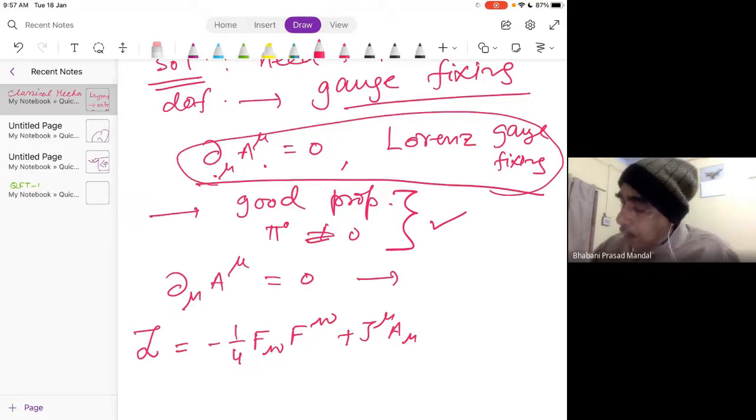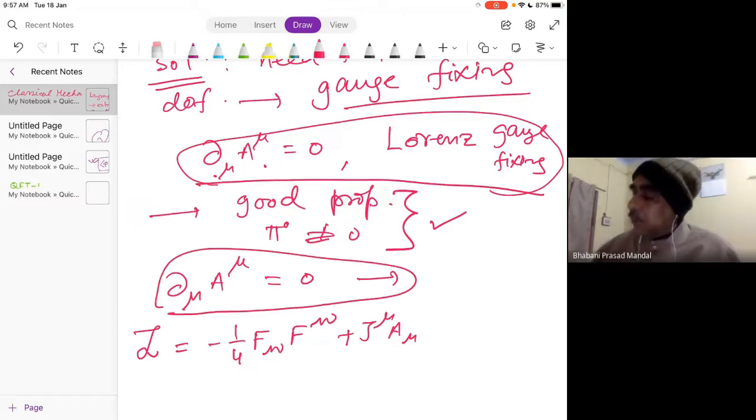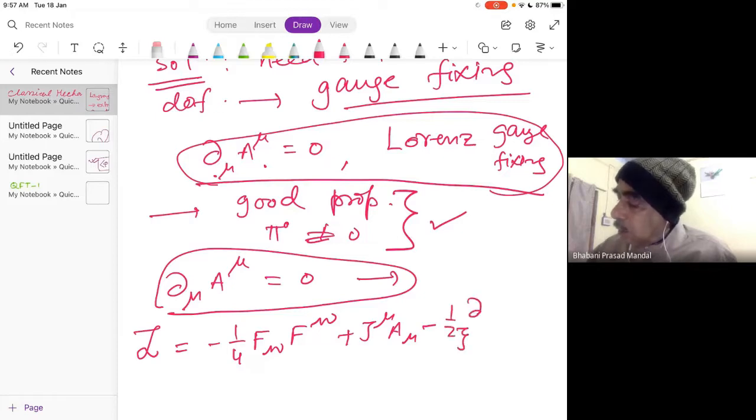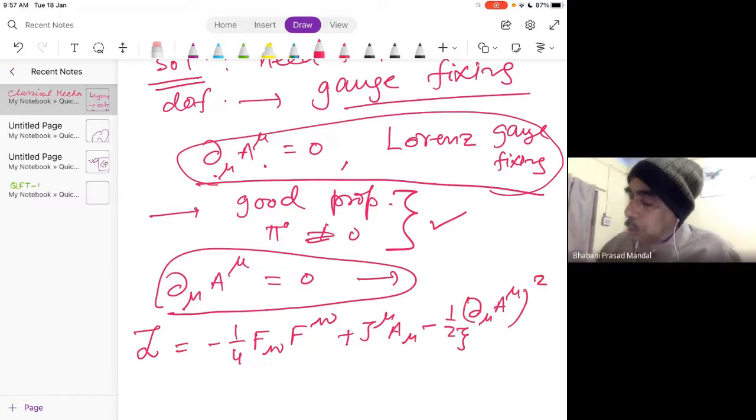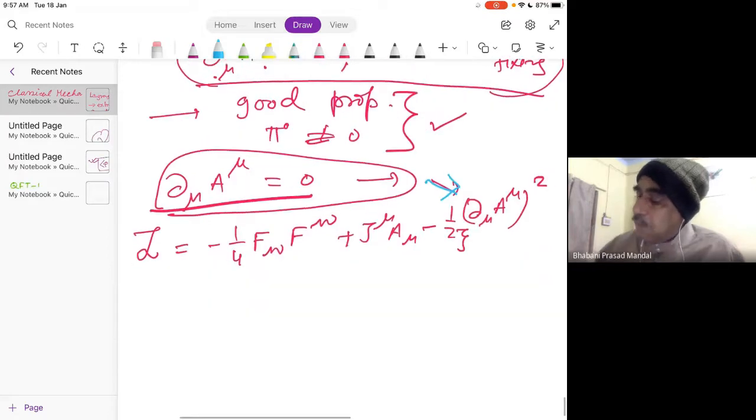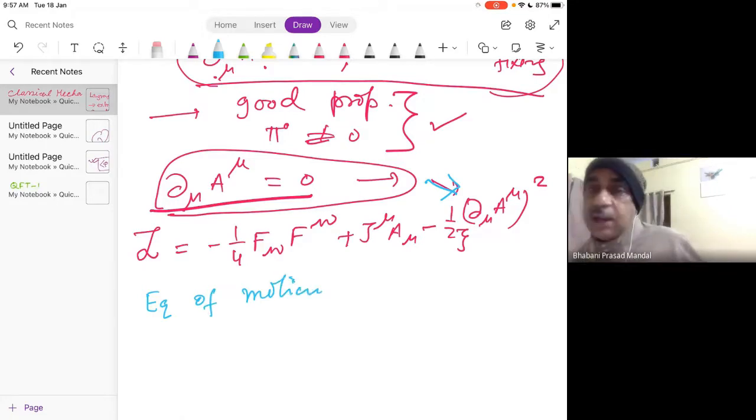Now if you put an additional condition, that is equivalent to putting in a term (∂_μ A^μ) whole squared. Putting this condition means you are adding this additional term in the Lagrangian. Now with this additional term, find the equation of motion. Gauge fixing I will tell you a little bit more in the next class. Today I want to finish this mathematical part so that you can do this exercise.